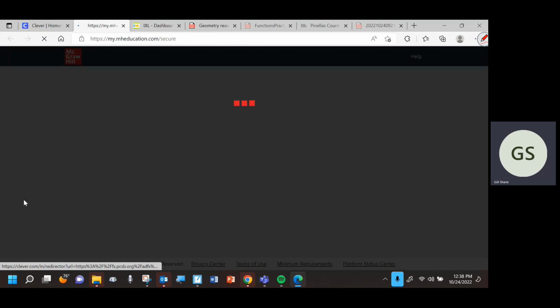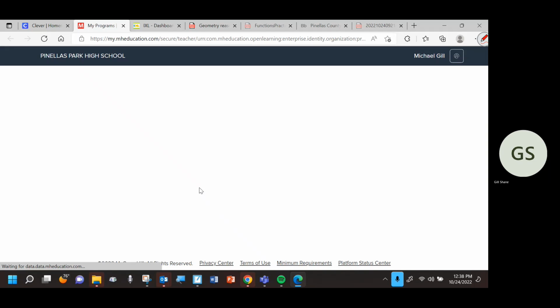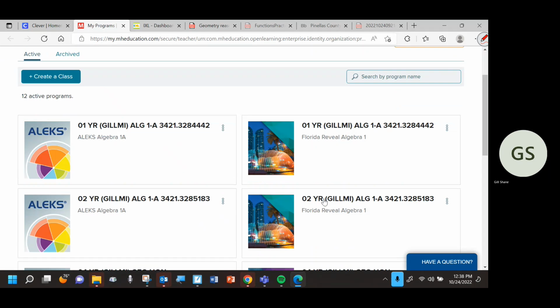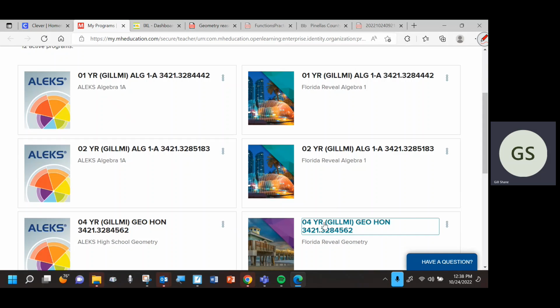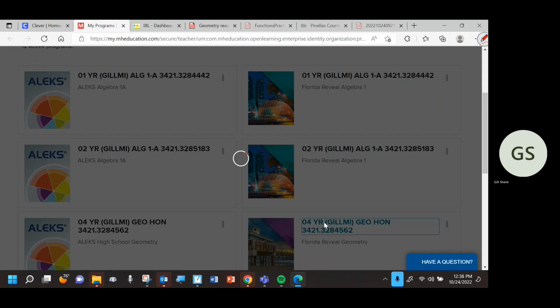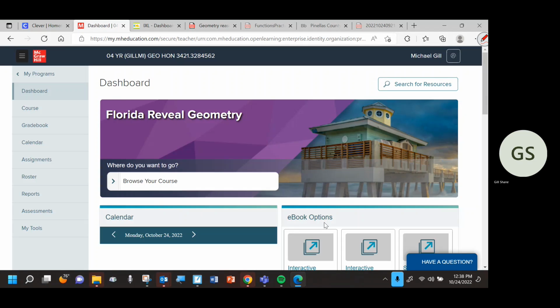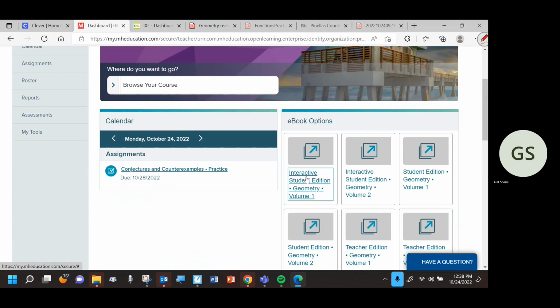There we go. Geometry. That should take us right where we were, I hope.